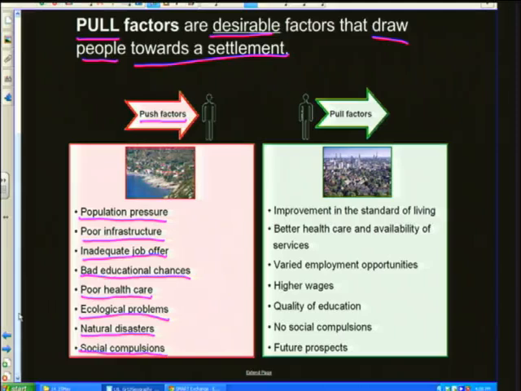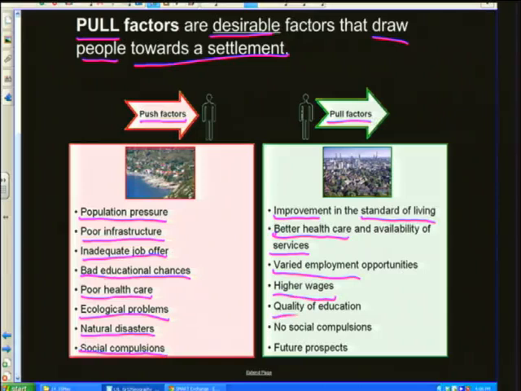If you have a look at our pull factors, the things that draw people to a city is an improvement in the standard of living. So their quality of life is better. They have better educational and healthcare facilities. Okay, and the availability of services. They have more and varied employment opportunities. They generally get paid better, so they get higher wages.